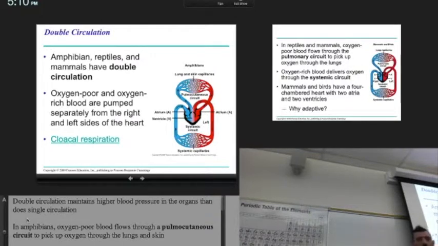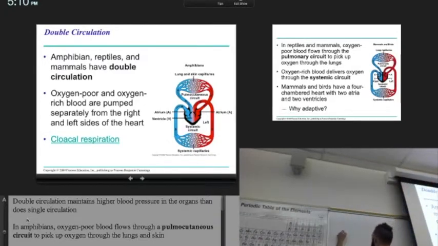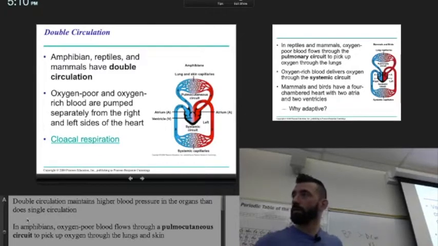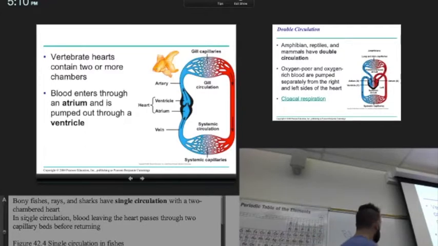Okay, so let's take a vote. Do you think blood pressure is greater in double circulation than it is in single circulation?